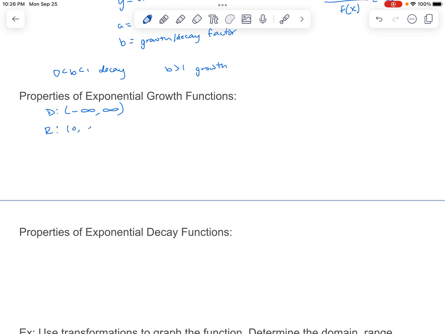Your range is 0 to infinity, aka it has a horizontal asymptote then at y equals 0. The y-intercept is at 0, 1. There are no horizontal ones, so I'm not going to list that. And it's increasing.